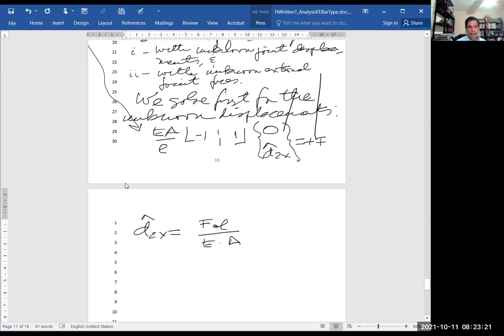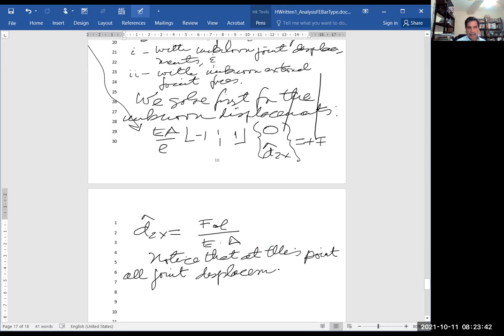Notice that at this point, all joint displacements are known. All are known.